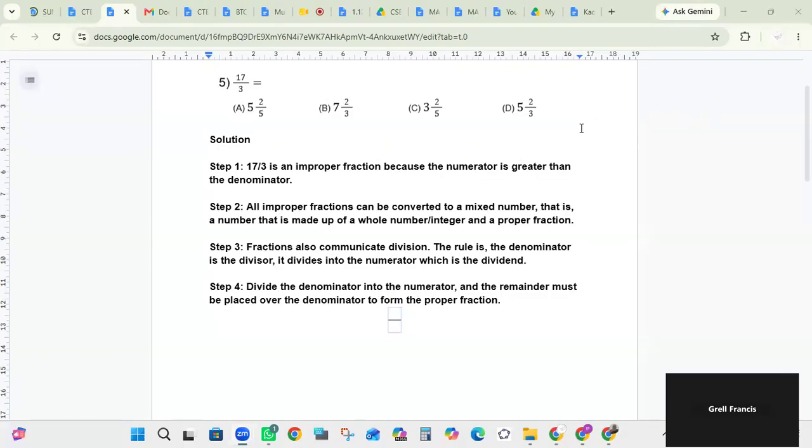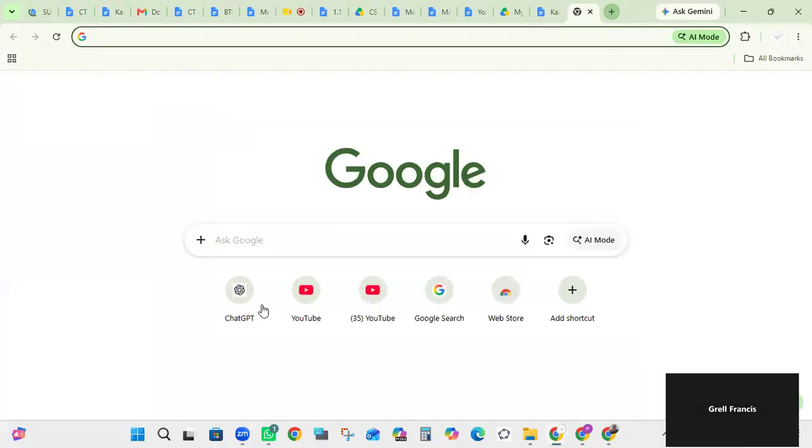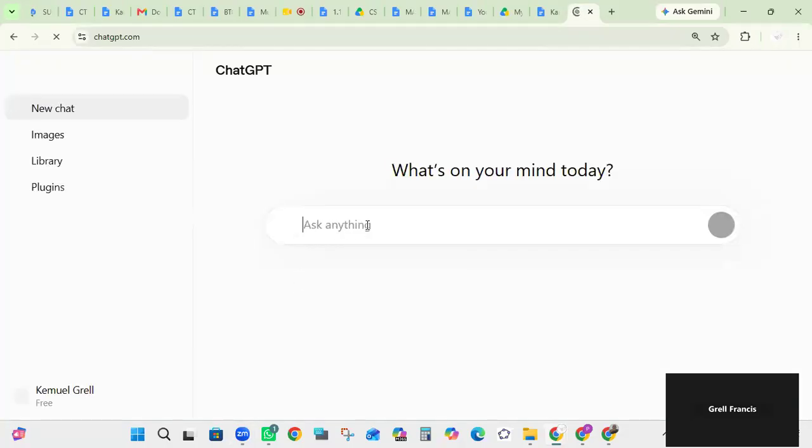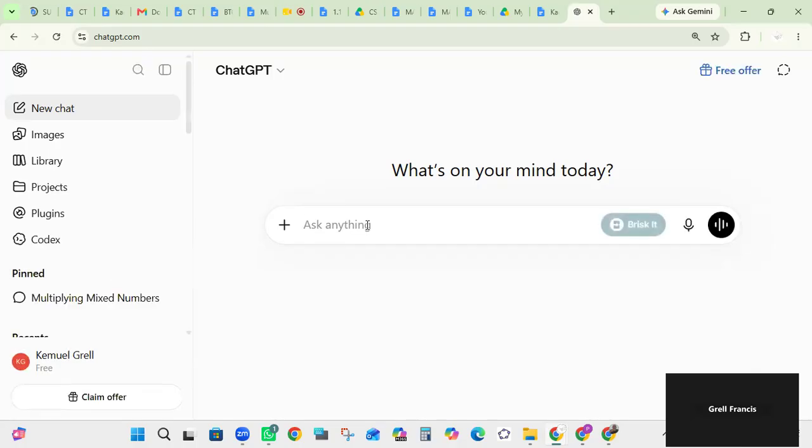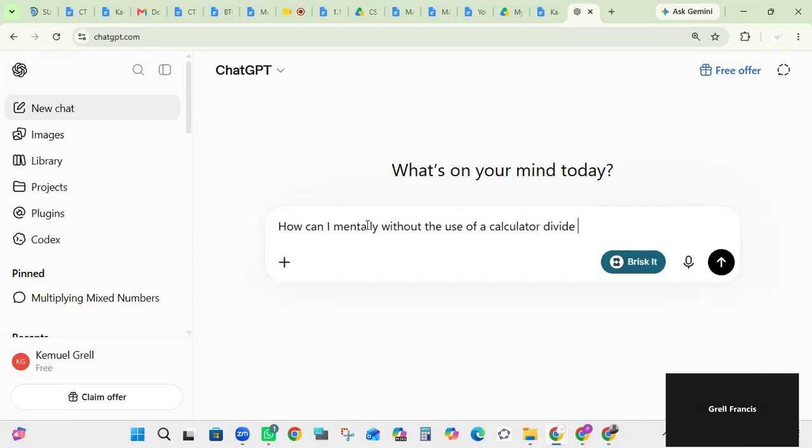So imagine you want to learn how to do mentally 17 divided by 3. And you're on your own and you don't really have a teacher at the moment. So one of the things you can do is to go to ChatGPT, Claude, Grok, Gemini, and you can say, how can I mentally, without the use of a calculator, divide 17 by 3.